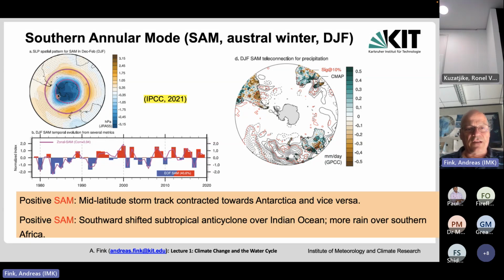If it's positive, it's more contracted, and we have more rains in Southern Africa, and that's because of its influence on the Mascarene anticyclone. And you see here that correlation, positive means green, and especially in that region where my cursor is, we do see more rains.